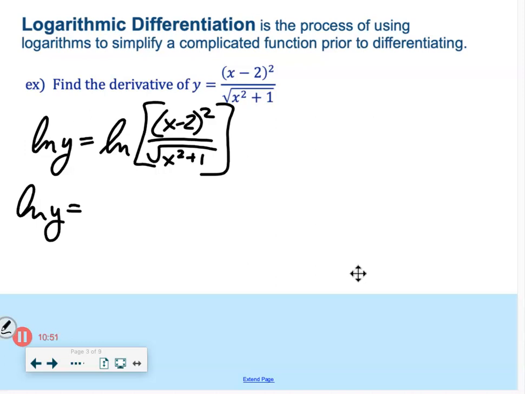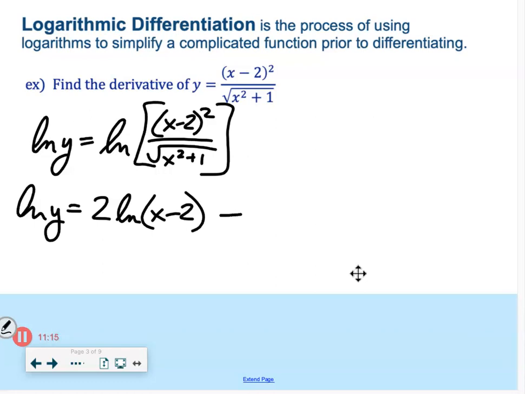All right, are we ready? Getting some thumbs up, that's good. So first I'm going to do the natural log of x minus 2 squared, but where can I put the squared? In front. So I could put a 2 in front. We all good with that? Now, what should I put here, a plus or a minus? Minus. Why minus?